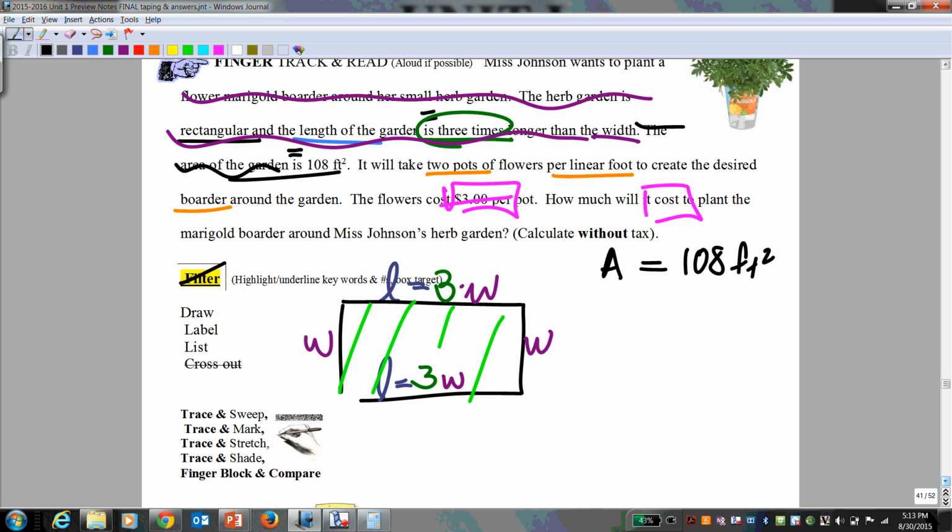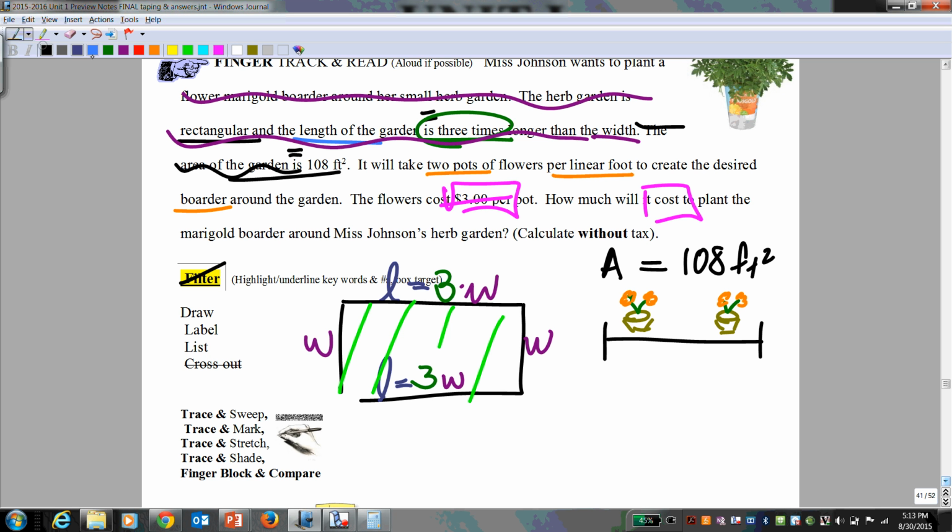Took care of that. It takes two pots of flowers per linear foot. So for every foot, because we're talking about the border here, for every foot I'm going to be buying 2 flower pots. Of marigolds, which are usually yellow or orange.